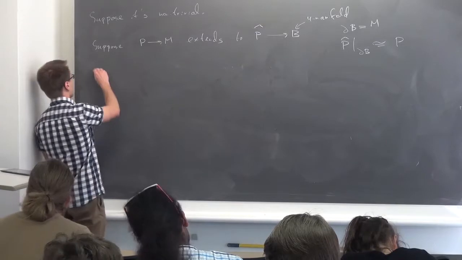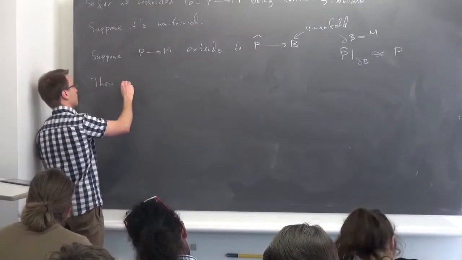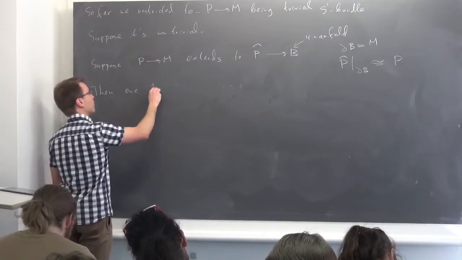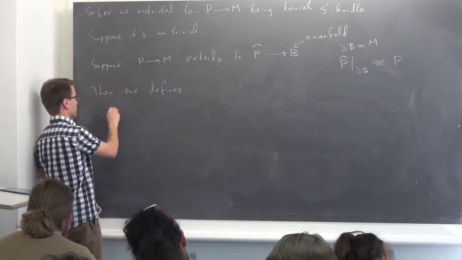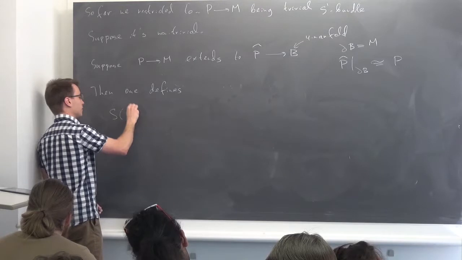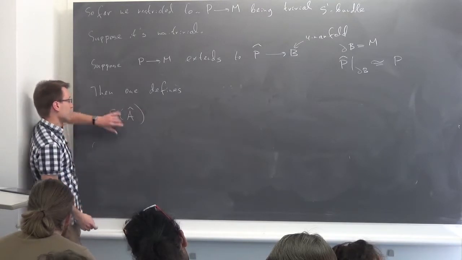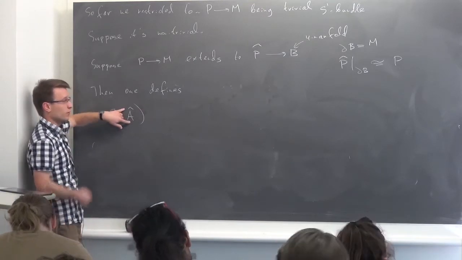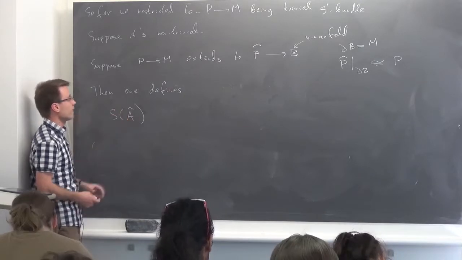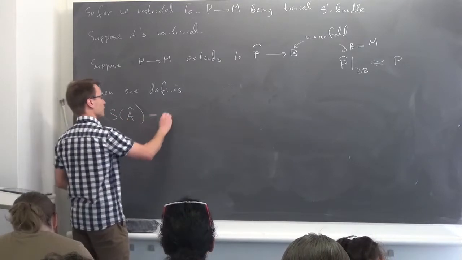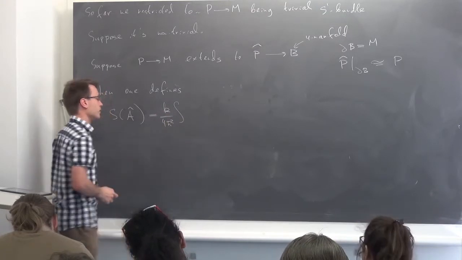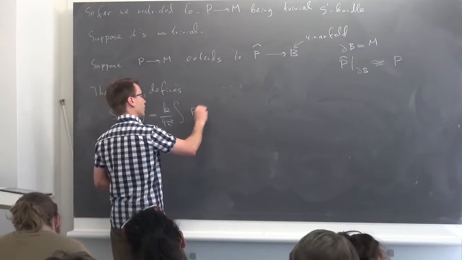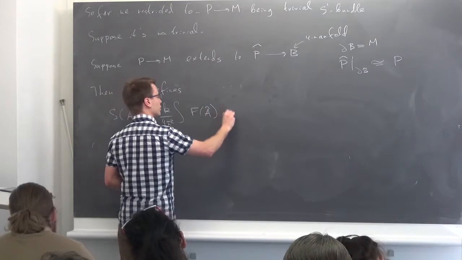Okay, then I'm going to define the action associated to a connection one form on P hat. So I call this A hat to be k over 4 pi squared of the curvature of A hat wedged with the curvature of A hat.